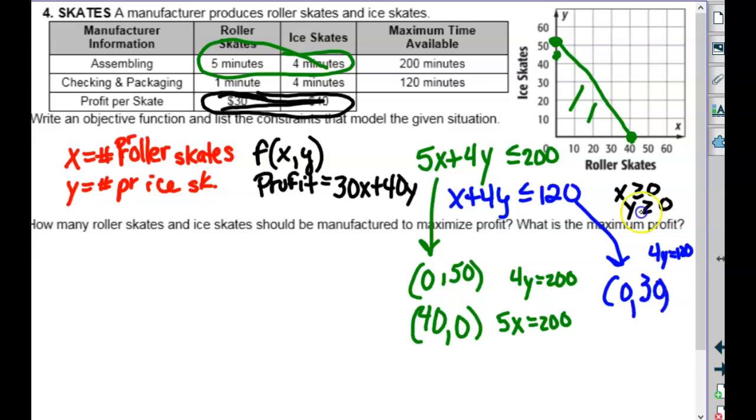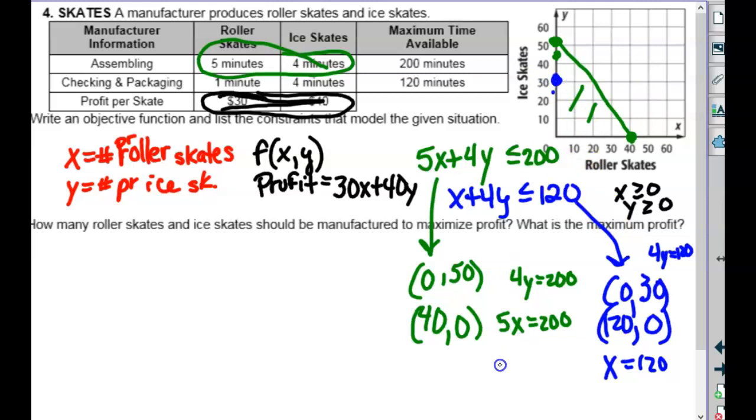So 0, 30. If y is 0, it'll just say x equals 120, right? Is that going to help us? I feel like that's not on our graph paper. So that wasn't as helpful as we thought.